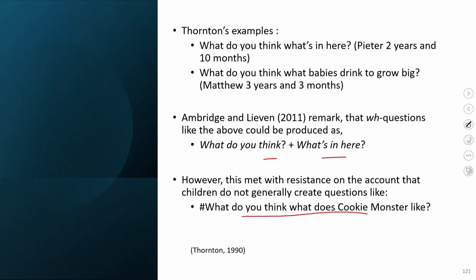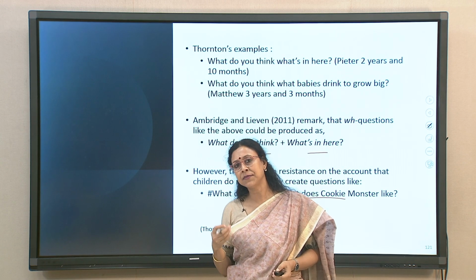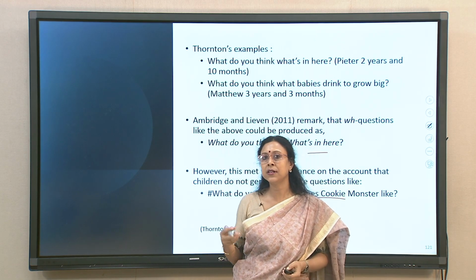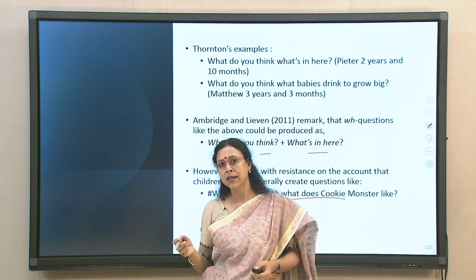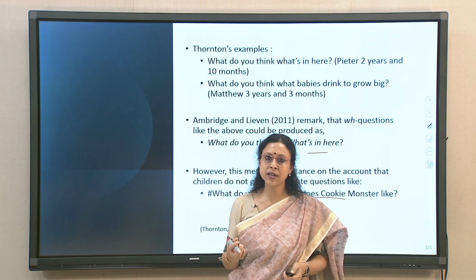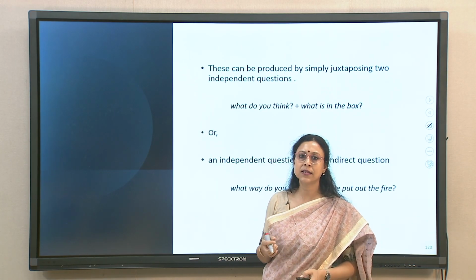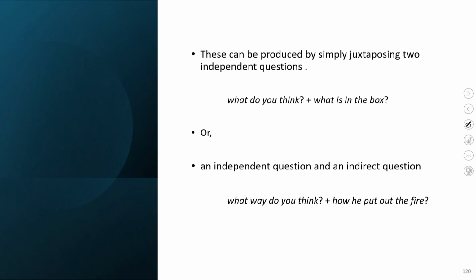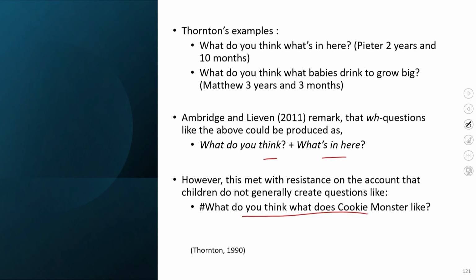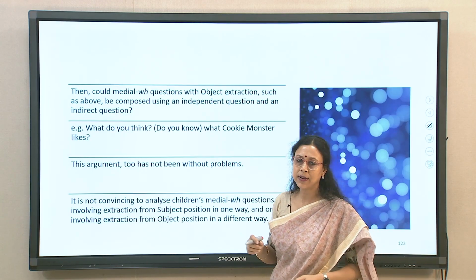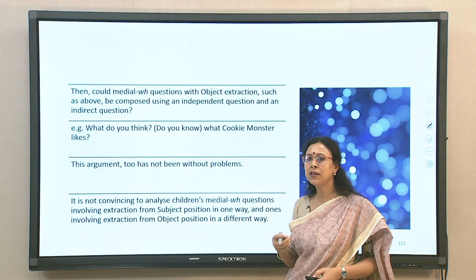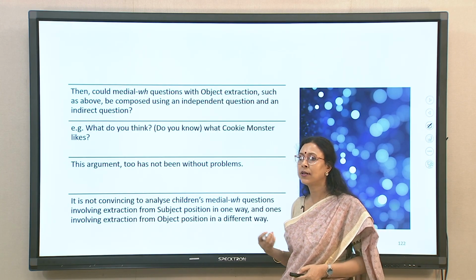So, what is happening here is that the subject position or the object position in the clause is the problem. So, in the examples before, what do you think what is in the box, what do you think is in the box versus what do you think what does Cookie Monster like. So, there are structural differences, and while the first one is more common among children, the second one is not.